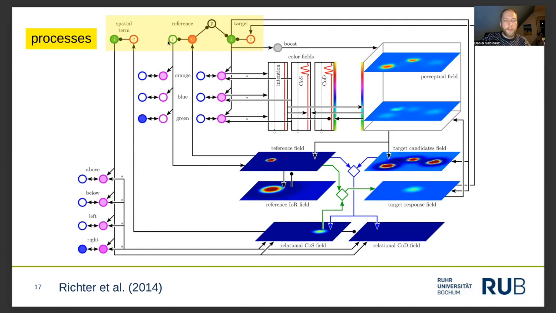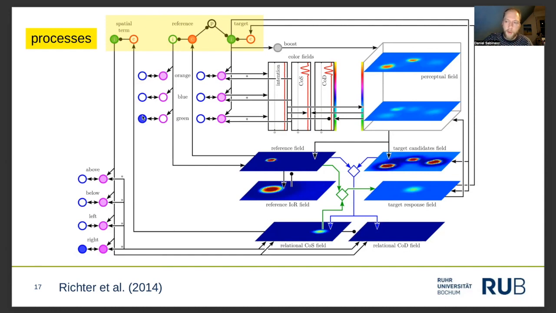So coming back to the reference process, the second effect that this intention node has is it provides input to these purple nodes here, which are called color production nodes. And these nodes receive additional input from these memory nodes that encode the color of the reference object as supplied by the user, right?